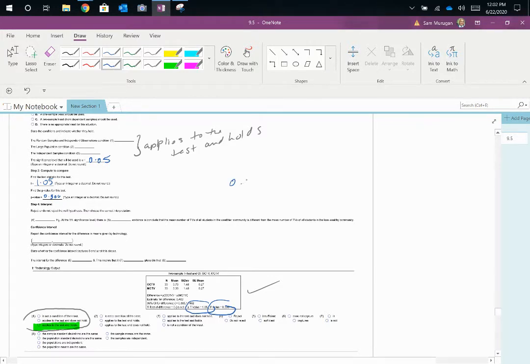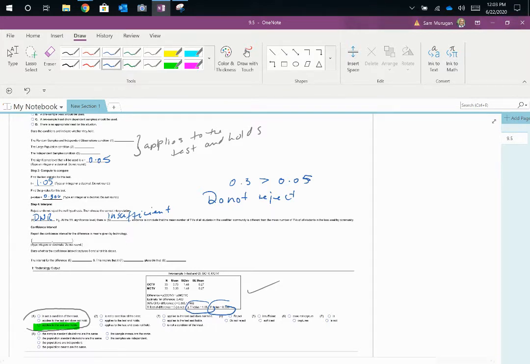Since 0.3 is greater than 0.05, we do not reject H0 at the 5% significance level because there is insufficient evidence to conclude that the mean number of TVs in the wealthier community is different from the mean number of TVs of students in the less wealthy community.